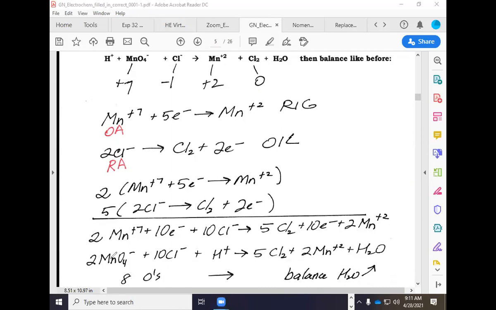Okay, so you've got 2 times 4. That's how we get our 8 oxygens. And then the only source of oxygens on this side is the water.